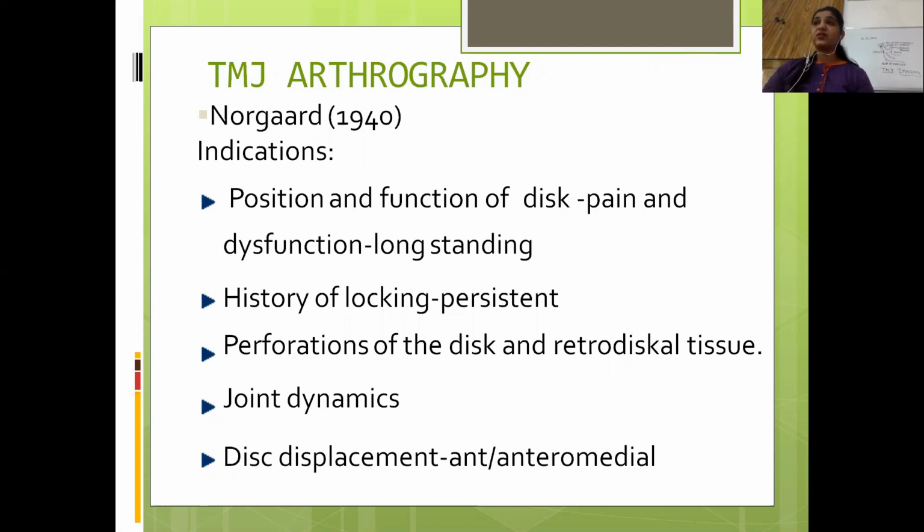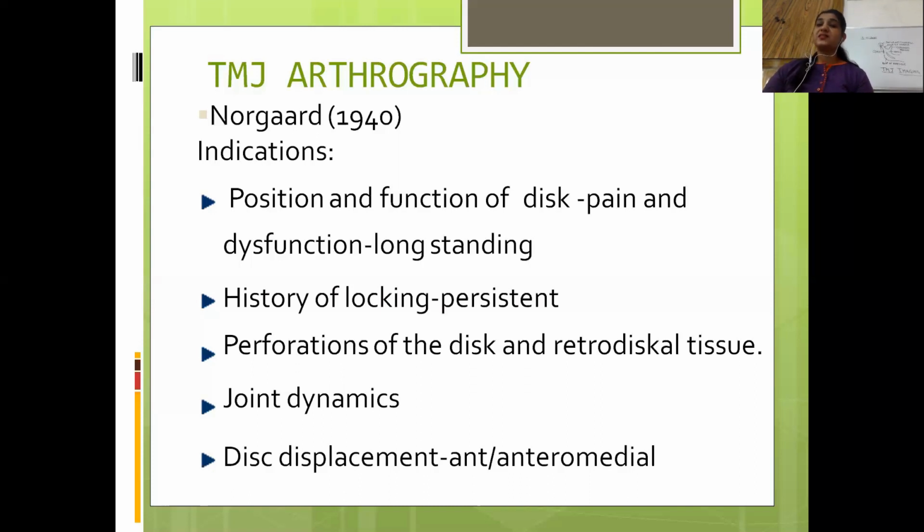So we will go for TMJ arthrography if the patient is having very much pain and is not able to move the mandible freely anteriorly and posteriorly. If there are perforations of the disc and retrodiscal tissue, then we will go for TMJ arthrography.